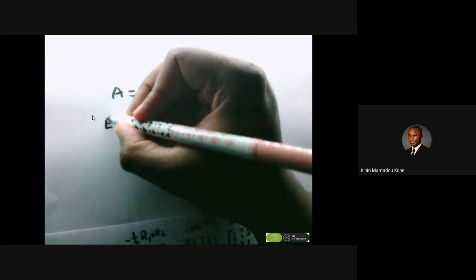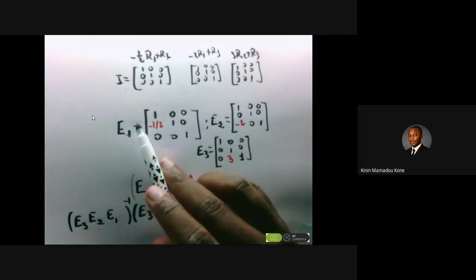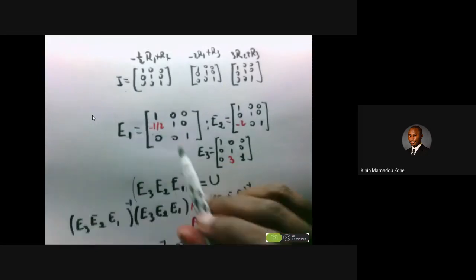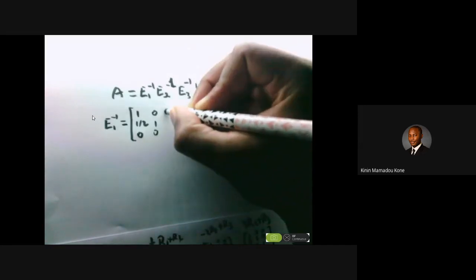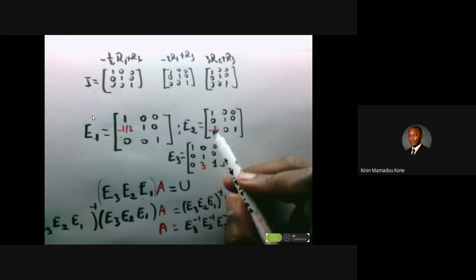Now, if I calculate the inverse of E1, E1 is negative 1/2 here, but its inverse has plus 1/2 over here, so it changes the sign. If I calculate the inverse of E2, it will change the sign to positive here.